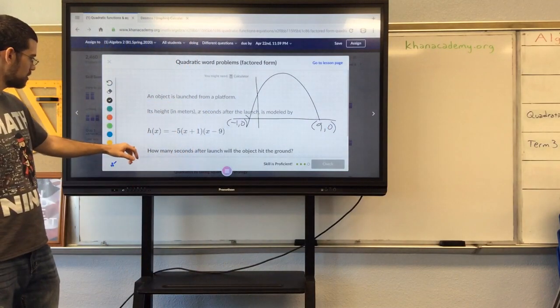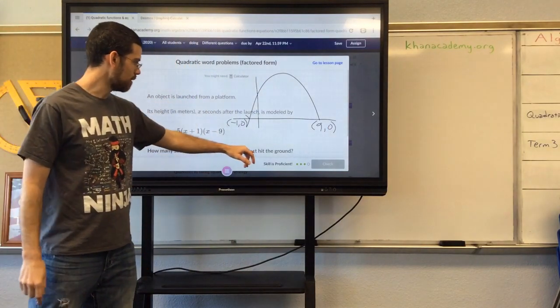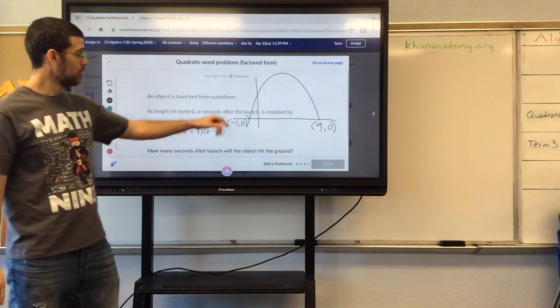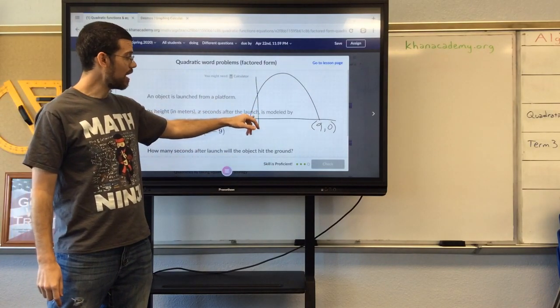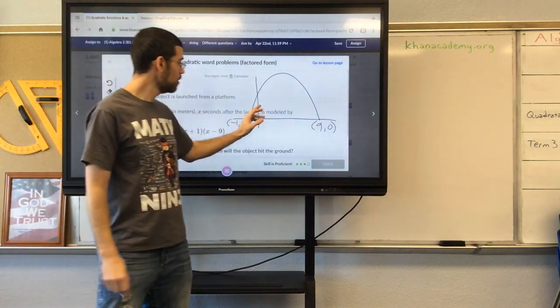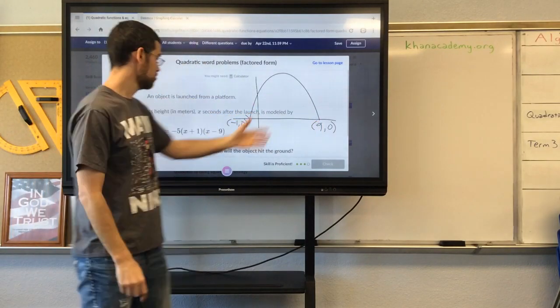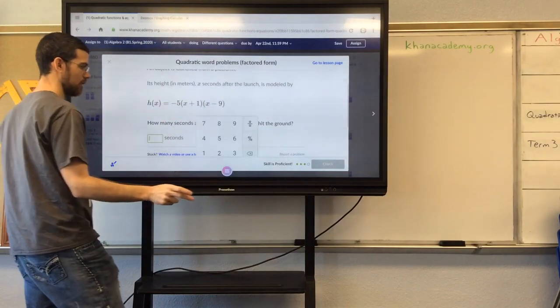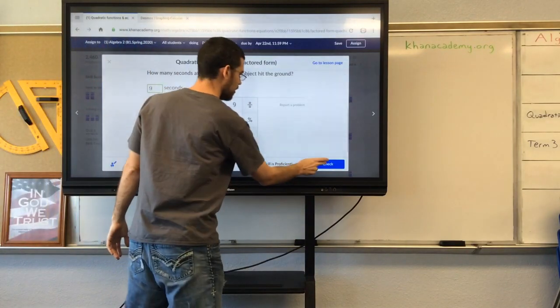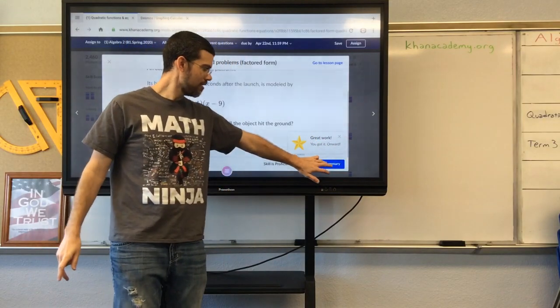They ask us this question: how many seconds after launch will the object hit the ground? Well, it launched at time 0. It hit the ground where its height is 0, 9 seconds later. So 9 is the number of seconds after launch that it hits the ground. And we are done.